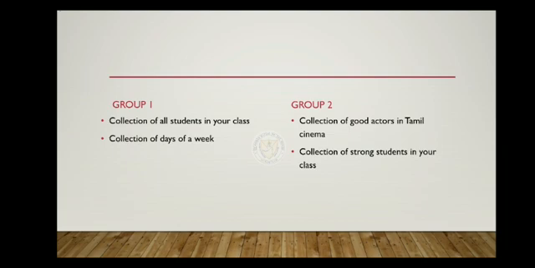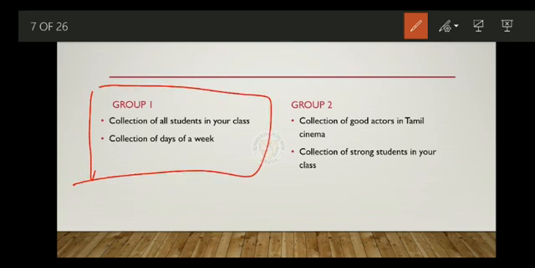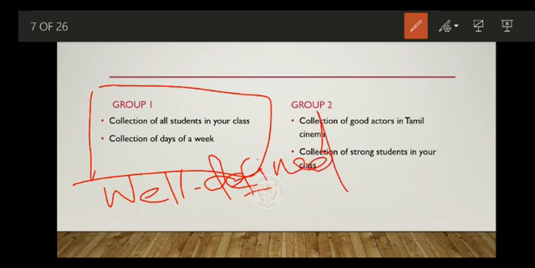So in group 1, when we take a collection of objects, if an object is given, we can decide whether that object is in that collection or not. Such a collection of objects is called a well-defined collection. When you take a collection of objects, given an object, if you can decide whether that object is in your collection or not, then that collection is well defined.